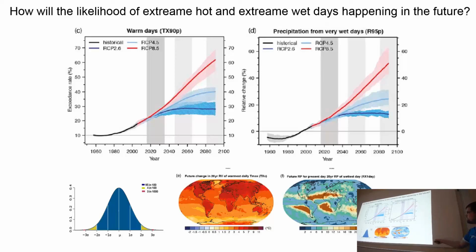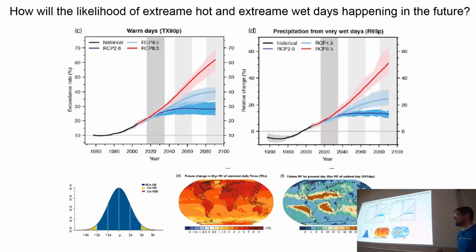So you can see here we've got the future temperature change, and the return value in terms of a graph like this. Actually, we'll just do this one here, the precipitation. You can see that for every grid square on the Earth, for every amount of storminess, they've worked out the amount of rain you would need to get the strength of storm that could be described as the storm you would get every 20 years.